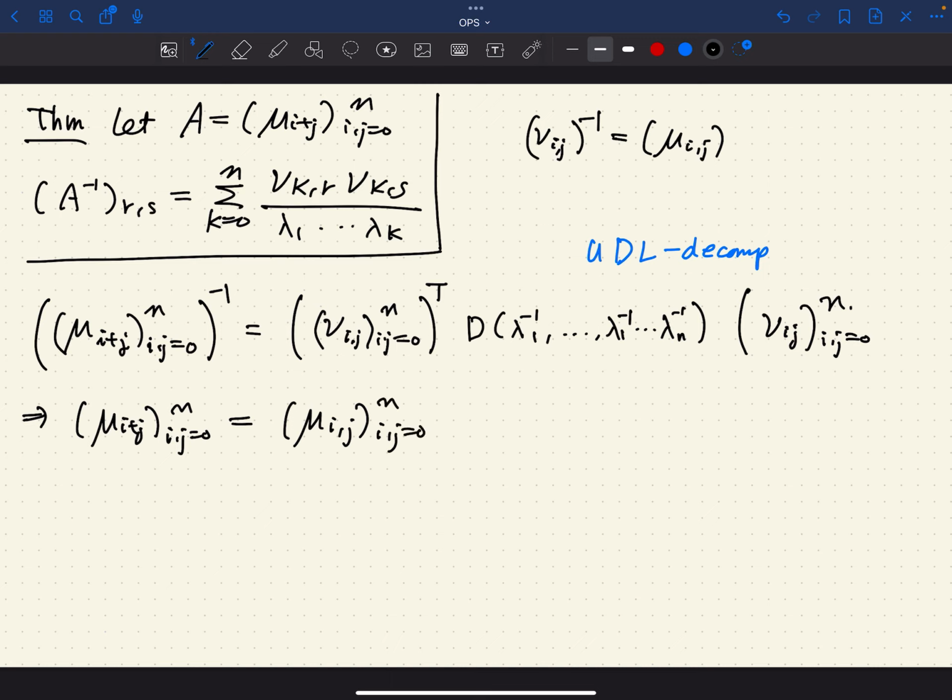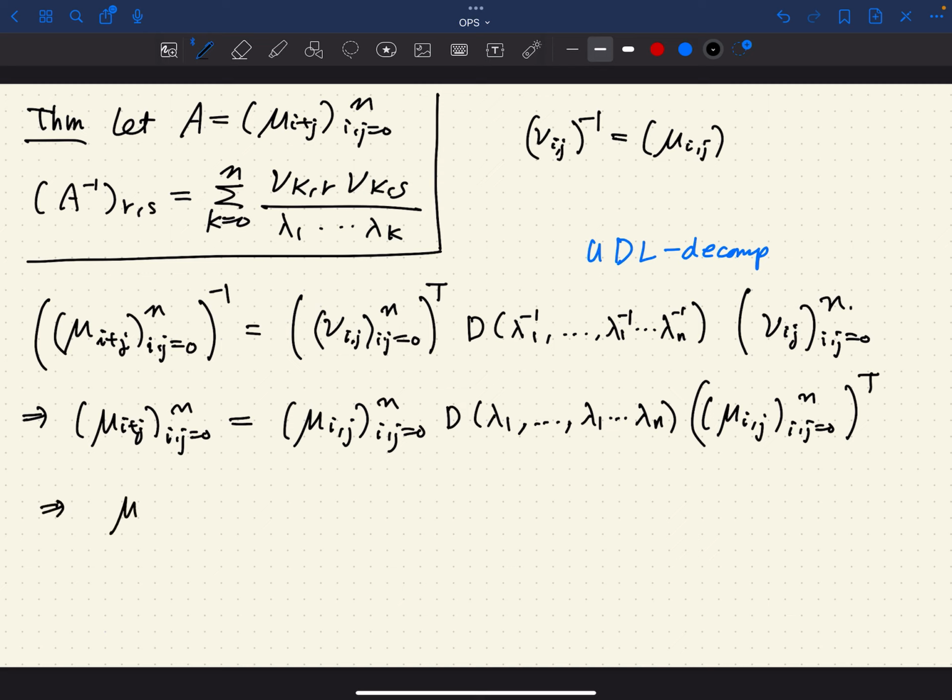The inverse of the diagonal matrix, you just take the inverse of the diagonal entries, up to lambda n, and here you take the transpose and inverse, so it's mu ij transpose, like this. Okay.